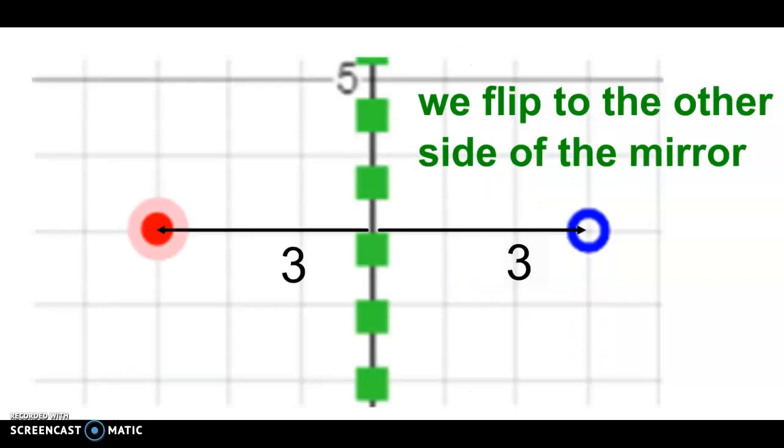If we zoom in on that a bit, we can see, like, if the original red dot were here, I can count that it's 1, 2, 3 spaces away from my mirror, from my reflection point. So the blue dot has to be the same number of spaces, 1, 2, 3, on the other side. And we can say, my rule would be, where will the blue dot be? We flip it to the other side of the mirror.